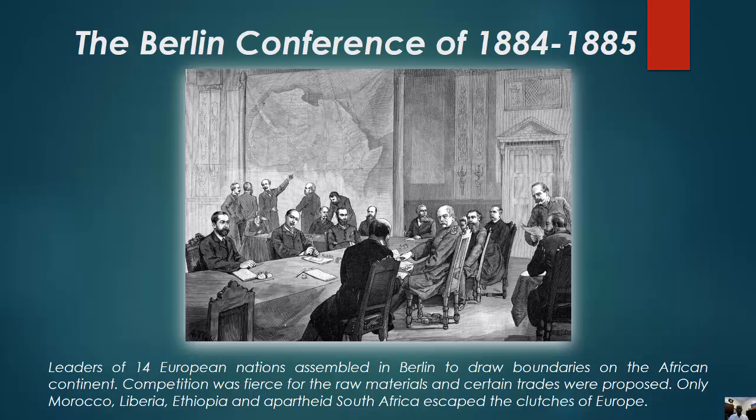You also had Morocco, and Liberia, which was kind of an American colony created for freed American slaves, who resettled back in Liberia and created this settlement, which is very interesting. So you would go to Liberia and find names like Jones and Smith amongst the Africans. You also had South Africa, which was not colonized because it was run by the white settler population of British and Dutch ancestry. So these are the nations that escaped the clutches of Europe.